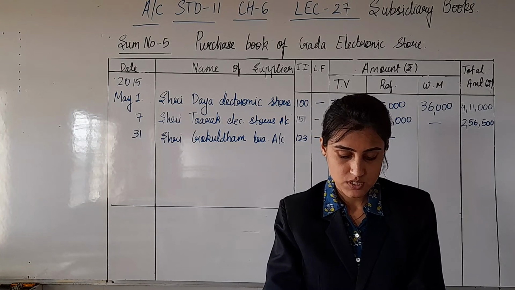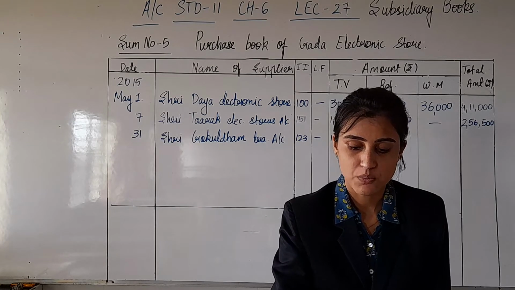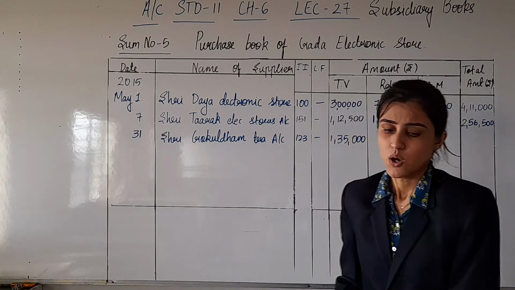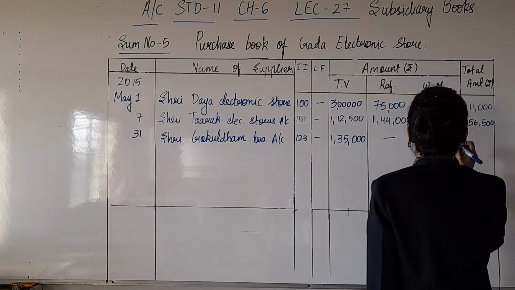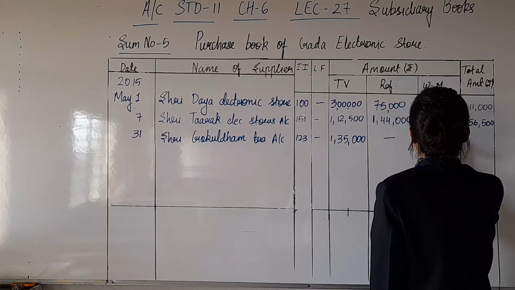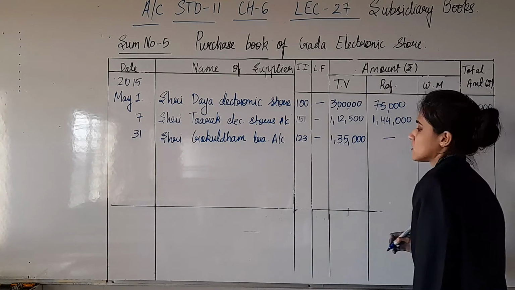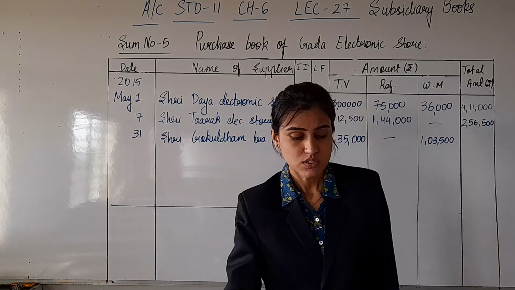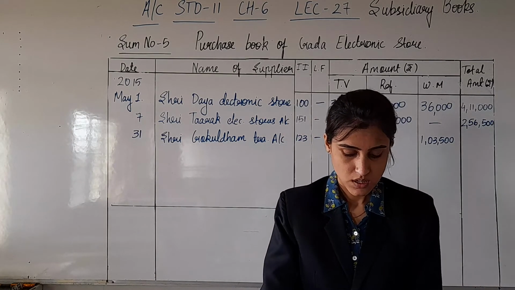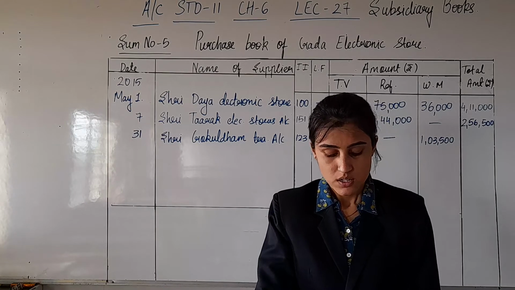Again 10% trade discount, which is 11,500 to be deducted. Or you can say 1,03,500 is the amount for purchase of washing machines after deducting trade discount.